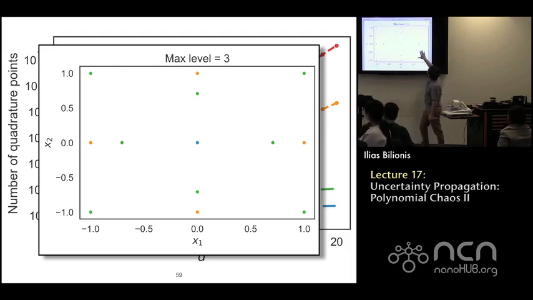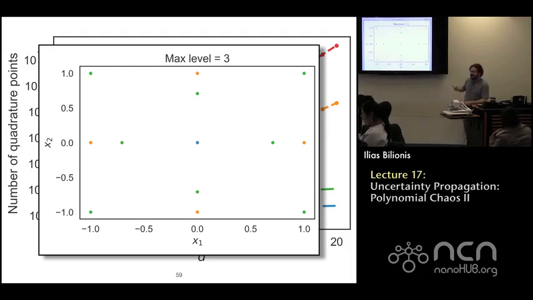These are the new points added on level 3, and you can still see level 2 and level 1. So it's just a way to order the quadrature rule. So at what level to stop depends on how complicated the function is. Yes.